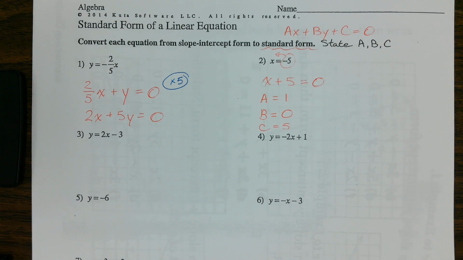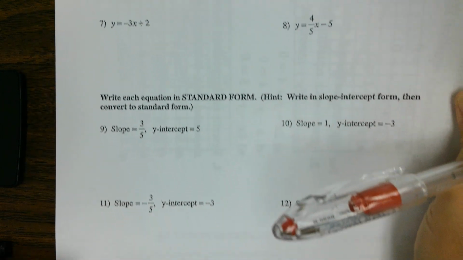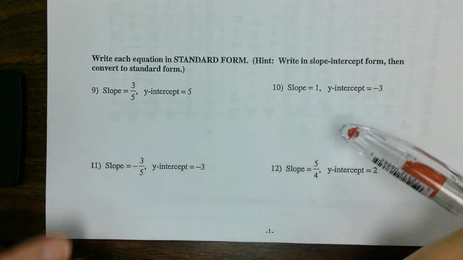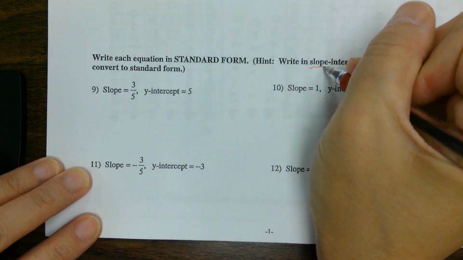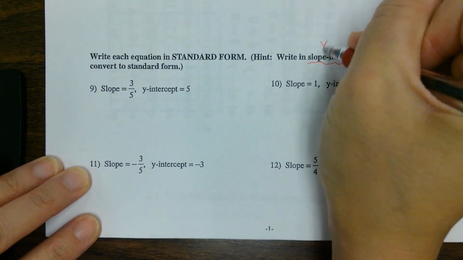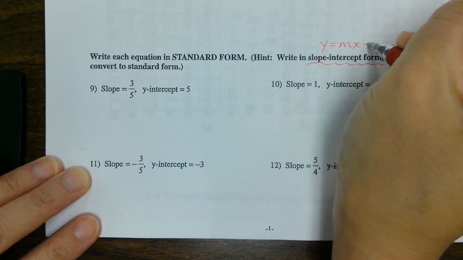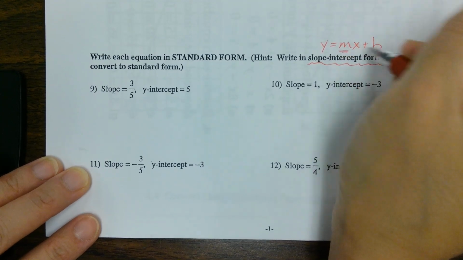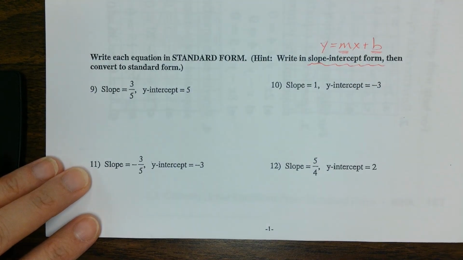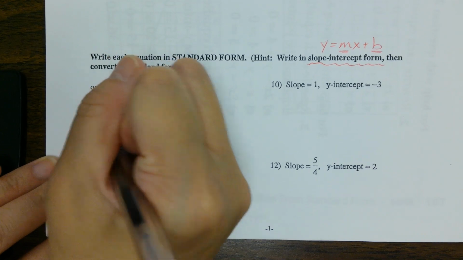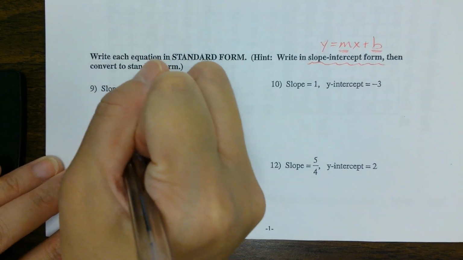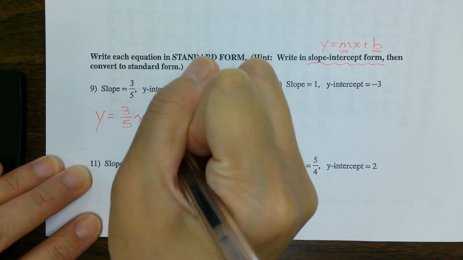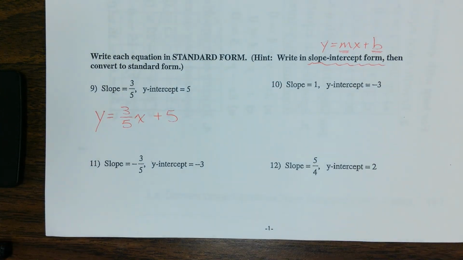Okay. And then, let's go over the last 2 right here. Slope-intercept form means y equals mx plus b. M is your slope, b is your y-intercept. So to write this is simply y equals 3 over 5x plus 5.